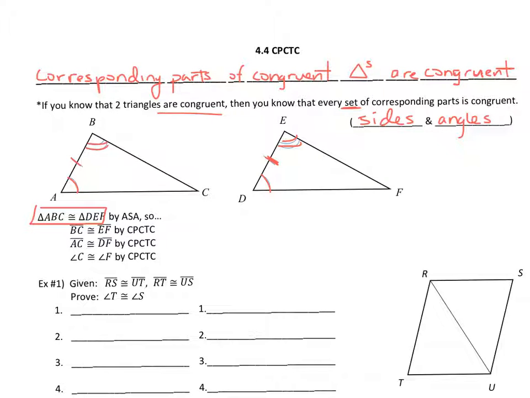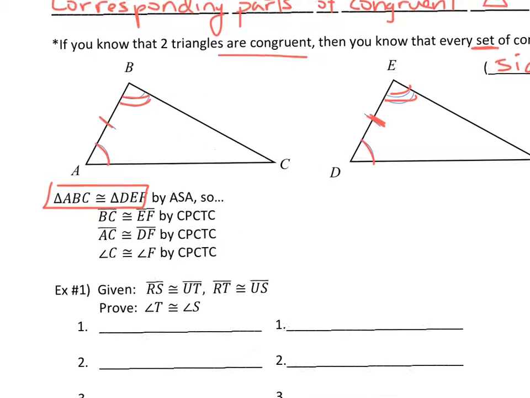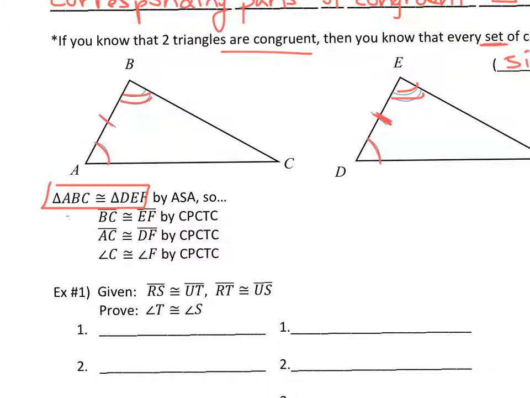Triangle ABC is congruent to triangle DEF by ASA. Since I've proved the triangles are congruent, now I can say in my proof anything that matches up is congruent, right? So I can then say that segment BC is congruent to segment EF.